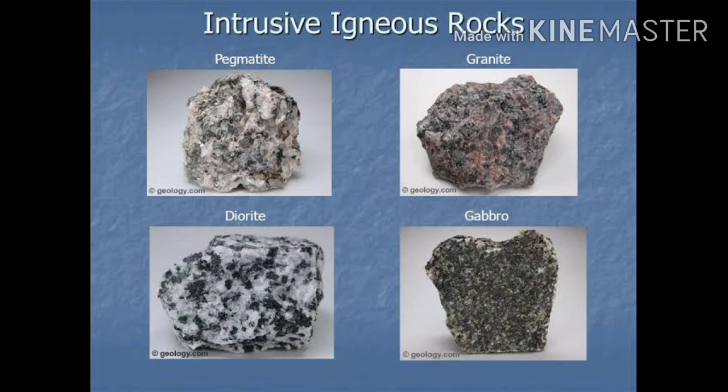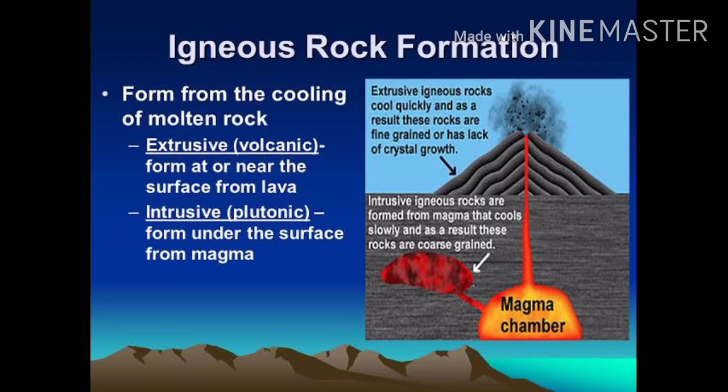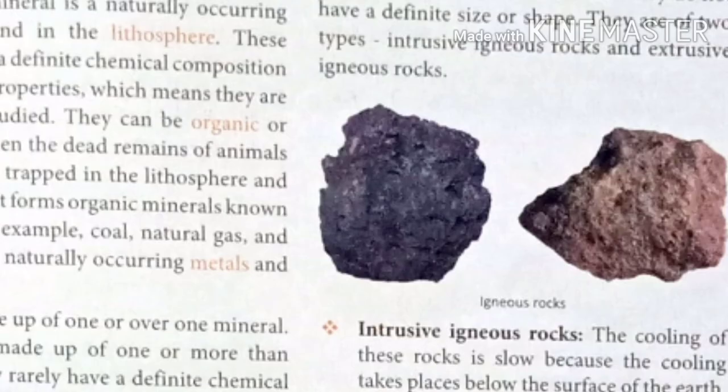Next one is extrusive igneous rocks. The cooling of these rocks is very rapid because when the molten magma came out of the earth surface के बाहर आने के बाद ये ठंडा होता है, कूल डाउन होता है, और तब जो रॉक का फॉर्मेशन होता है, that is extrusive igneous rocks. और अर्थ की सरफेस के बाहर आने के बाद मैग्मा बहुत तेज़ी से, बहुत ही रैपिडली ठंडा होता है.